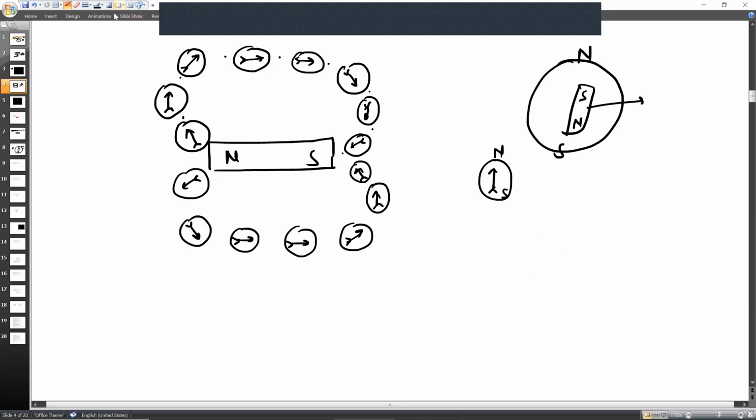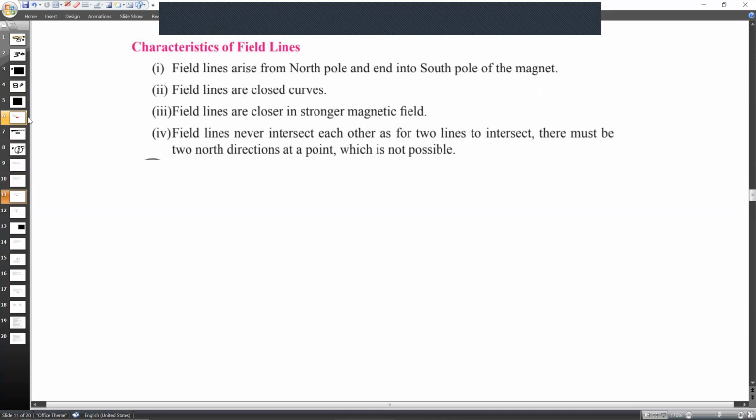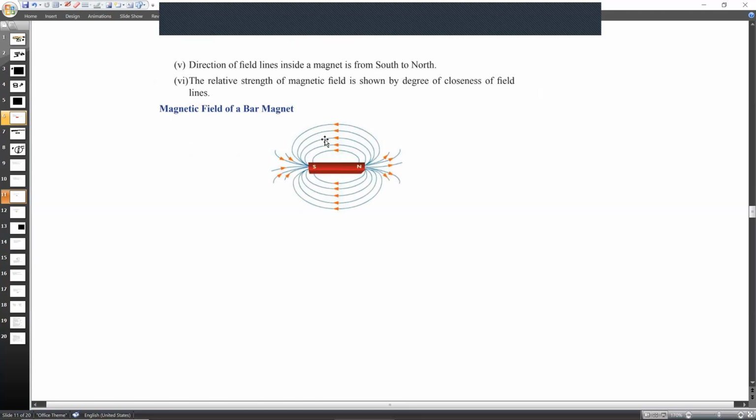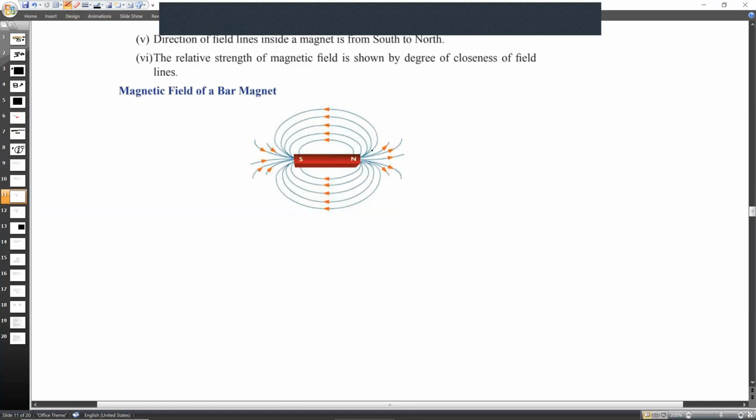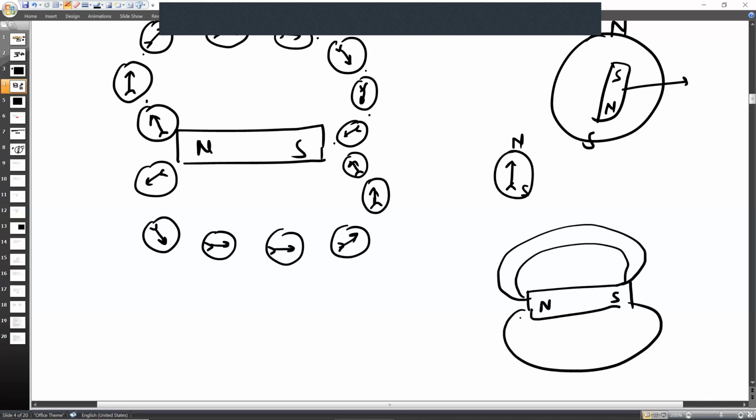According to my diagram, if this is the north pole and this is the south pole, the magnetic field lines move outside the magnet like this. Got it? From north to south, they move like this.